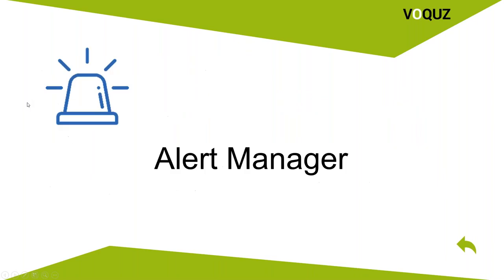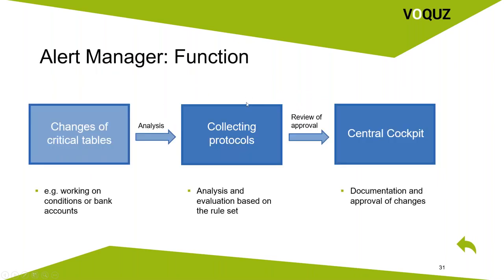So let's look at the alert manager in more detail. We said at the beginning of the webinar that one of the golden rules was defining sensitive processes and then monitoring these processes on an ongoing basis. Once you've defined what's really important for you and what you want to keep an eye on because it's sensitive, we can define those rules in the alert manager, and have it automatically monitor changes in critical tables.